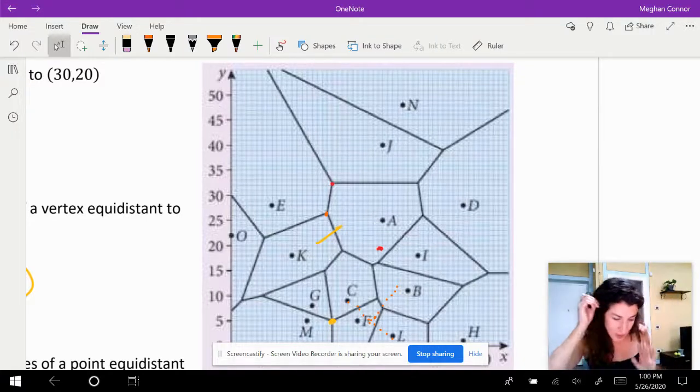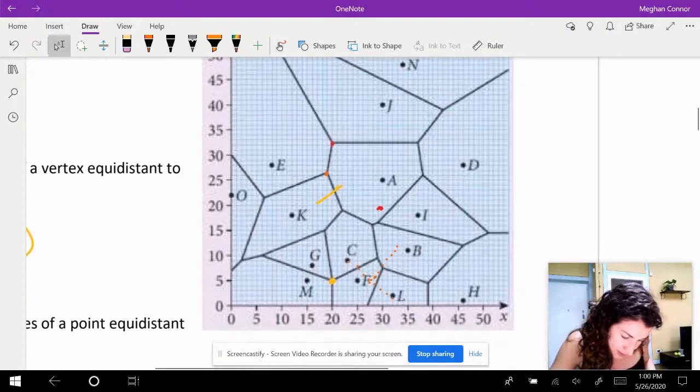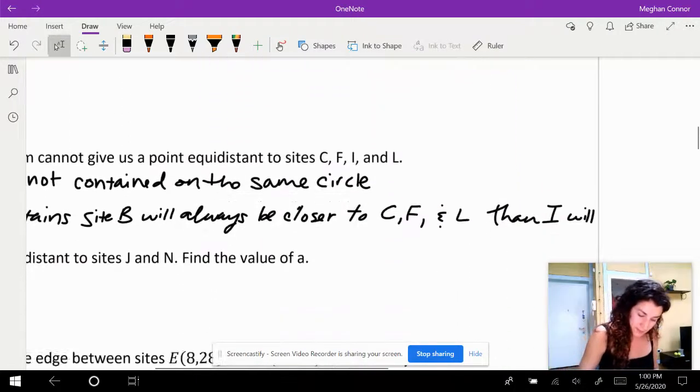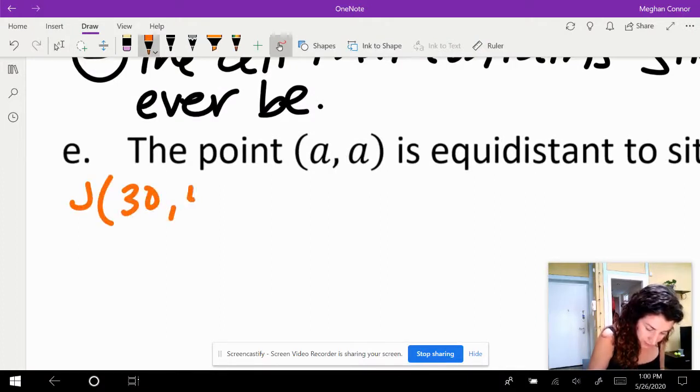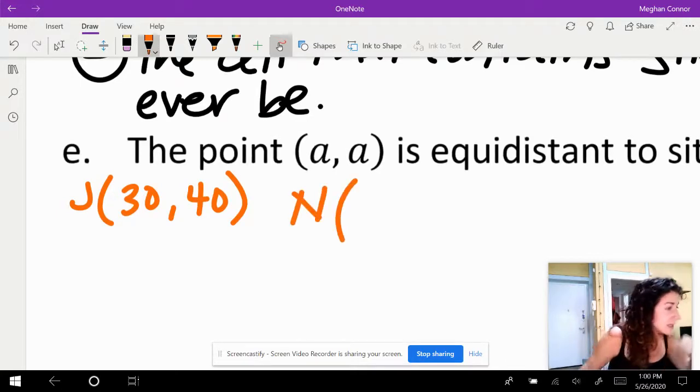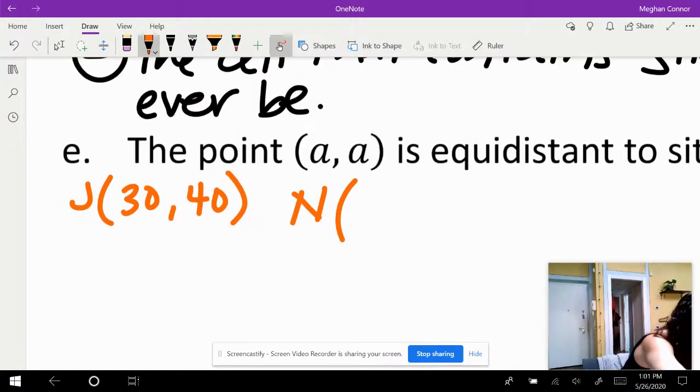It just gives me the answer. So 30, 40 is J. And N is 34, 48.